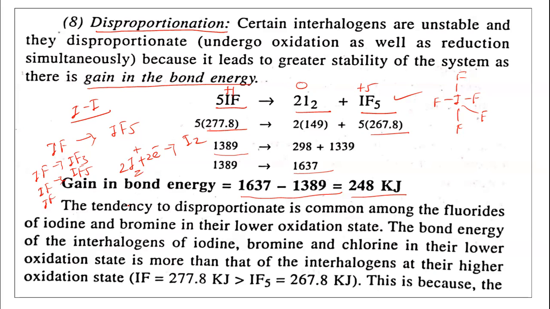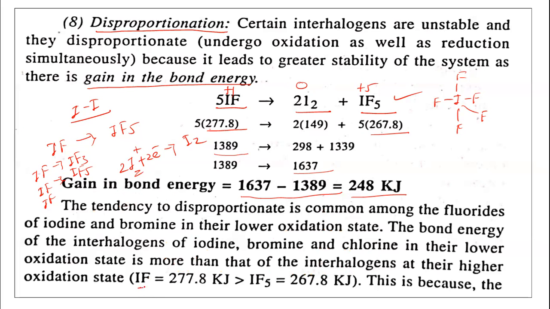But if there is a gain in bond energy, then that disproportionation will take place. So disproportionation means the conversion of lower interhalogen compounds to higher interhalogen compounds. You can see here that the bond energy of the interhalogens of iodine, bromine and chlorine in their lower oxidation state is more than that of the interhalogens in their higher oxidation state.